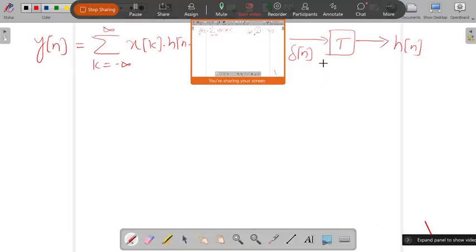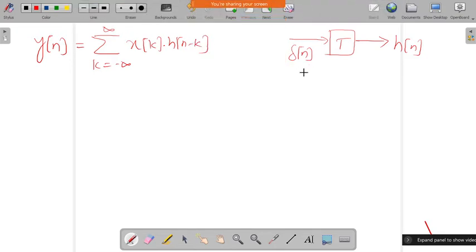Okay. So if I give the input as an impulse to a system, what is the response of the system to this particular impulse? That is called the impulse response.